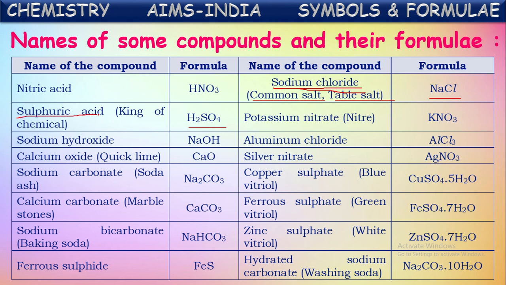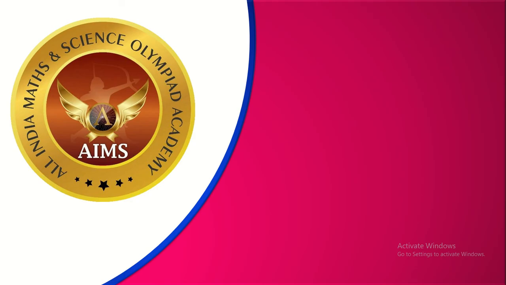Its chemical name is sulfuric acid, but it is familiar by its common name, king of chemicals. So in this way, some compounds have common names or tribal names which are more familiar than their systematic names. Okay, this is about the naming of chemical compounds from their formulae.